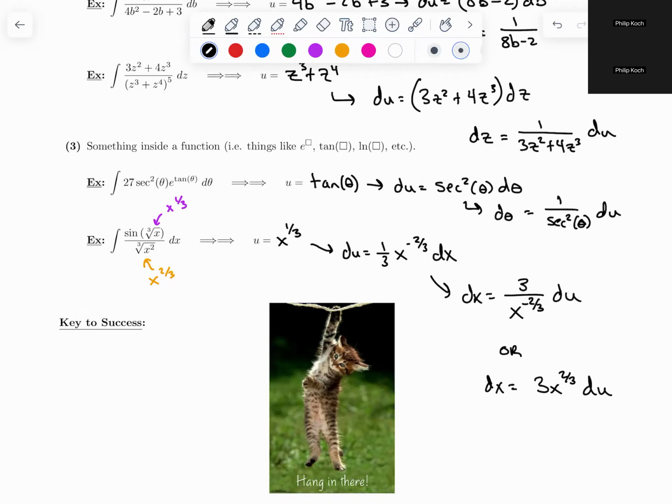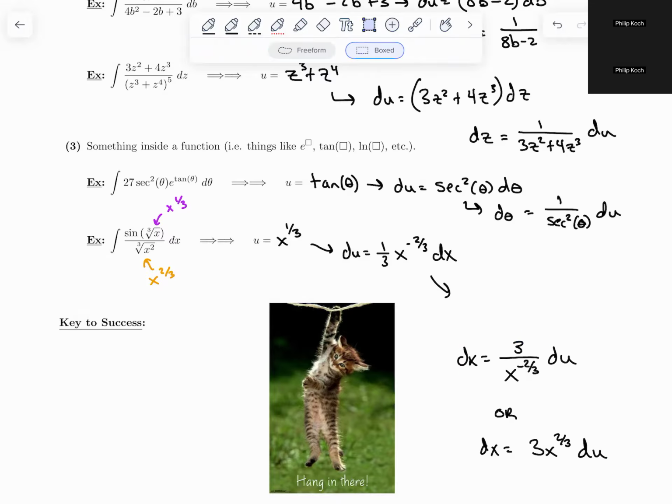So maybe we'll even add one more step, so maybe this will make it a little more clear how this came to be. So this would mean that dx is equal to 1 over 1/3 x to the negative 2/3 du.